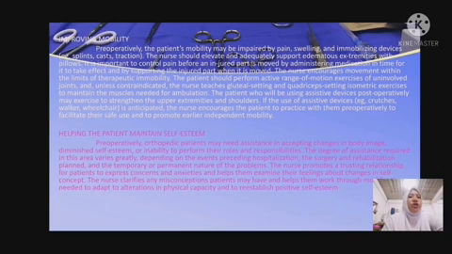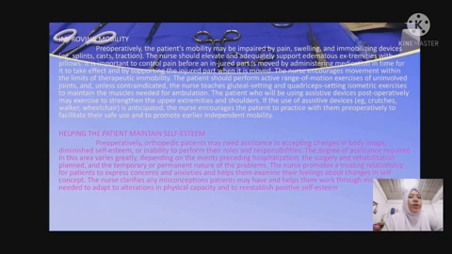The patient should perform active range of motion exercises of uninvolved joints unless contraindicated. The nurse teaches gluteal setting and quadriceps setting isometric exercises to maintain the muscles needed for ambulation.